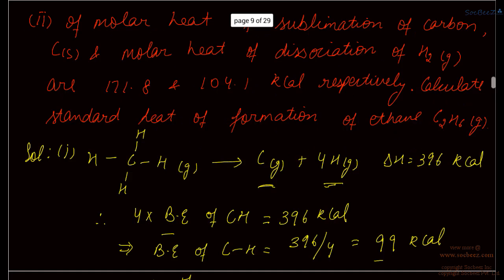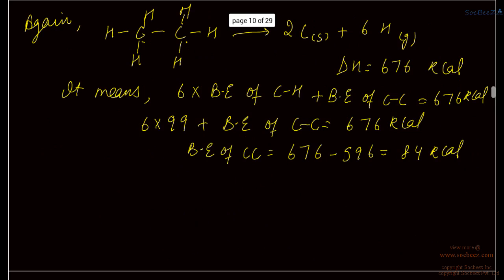Now let's discuss the second part. The second part says if the molar heat of sublimation of carbon and molar heat of dissociation of hydrogen are 171.8 and 104.1 kilocalorie respectively, calculate the standard heat of formation of ethane. Okay, so now the bond energy of C-C is 84 kilocalorie.